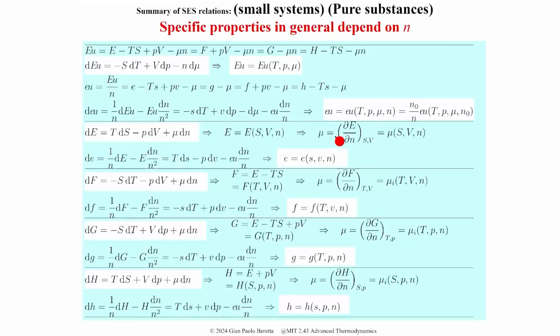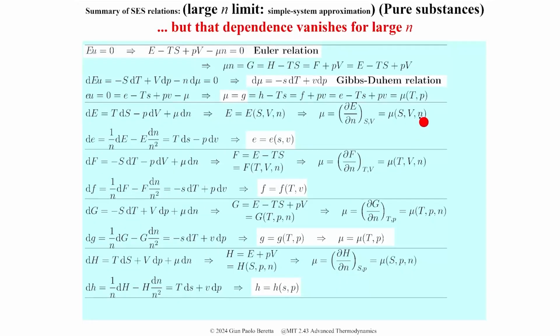Let's see. Here I think I made a mistake in these. Let's see. In the large N limit, the chemical potential loses its dependence on the amounts. Okay, here it is written correctly. Okay.